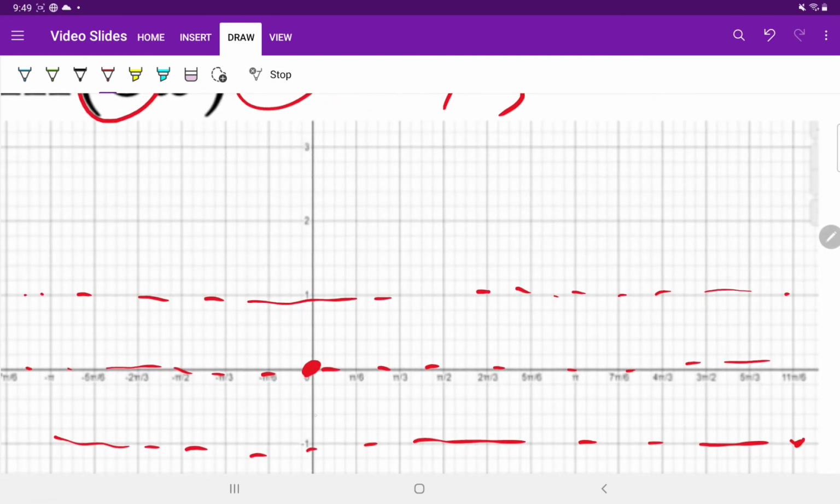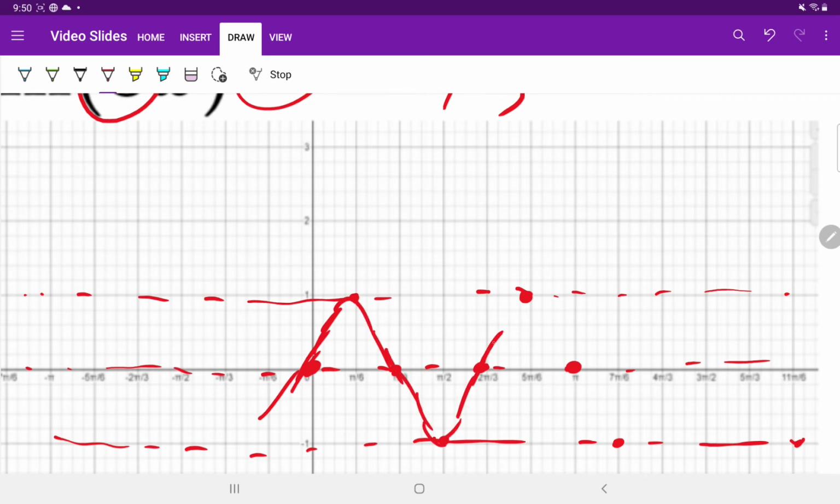Here I started at midline, I go another pi over 6, it's a crest. Another pi over 6, it's midline, another pi over 6, that's a trough, and then another pi over 6, I have a midline. Another pi over 6, I have a crest. Another pi over 6, midline, another pi over 6, trough.